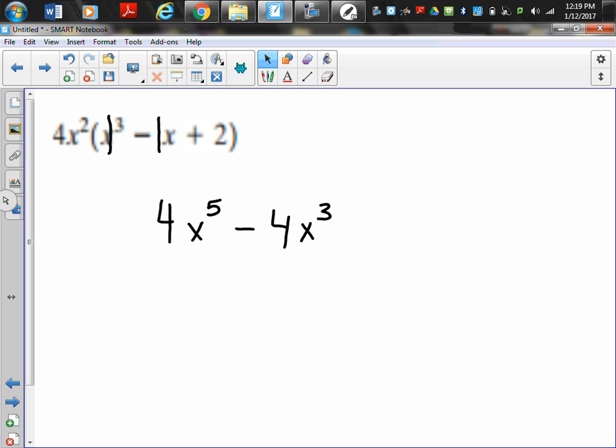So 4 times 2 is 8 x squared. So when you have just a number in front of the parentheses, then that is nothing more than your distributive property. You must add the exponents. Yes. When you're multiplying exponents, you add them.